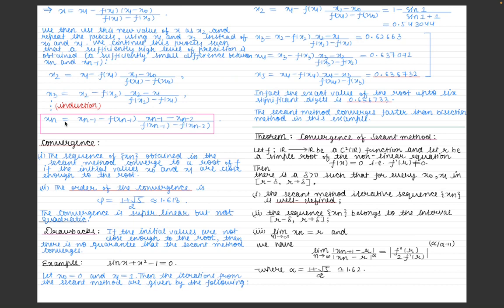Then the iterations from the secant method are given by the following. So we'll compute one by one. What is the formula of x2?